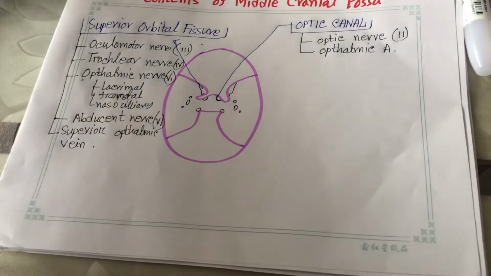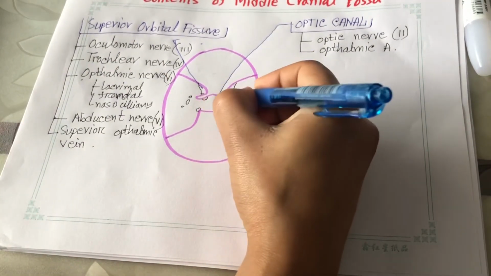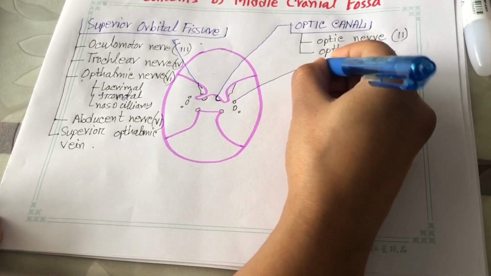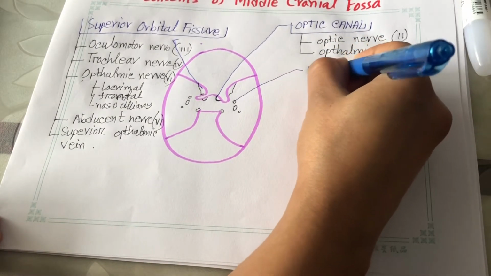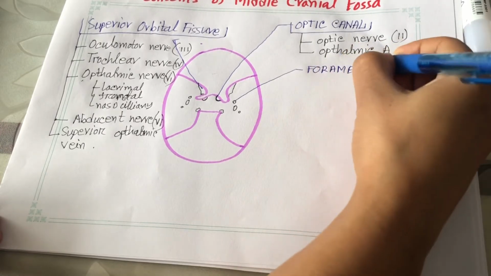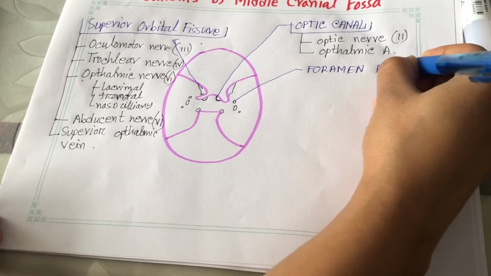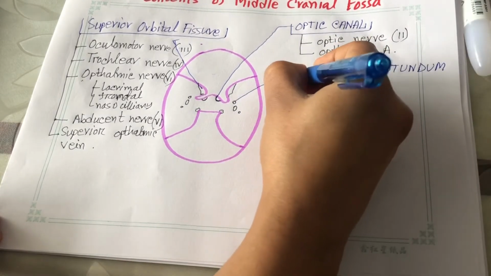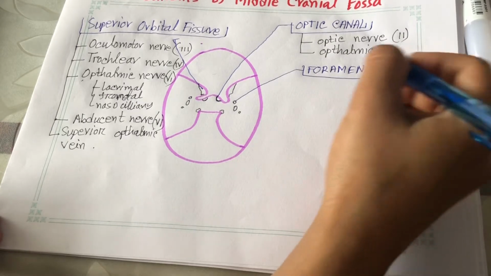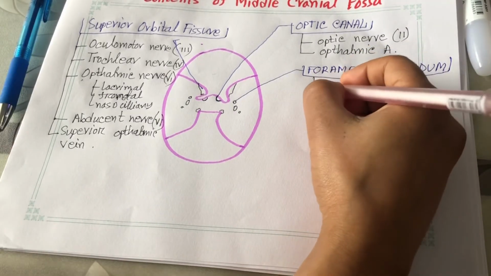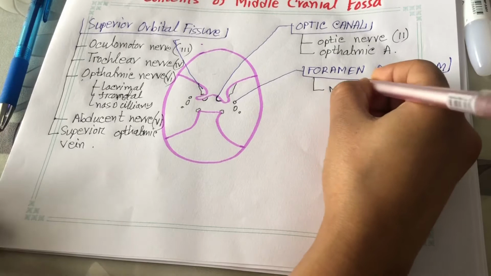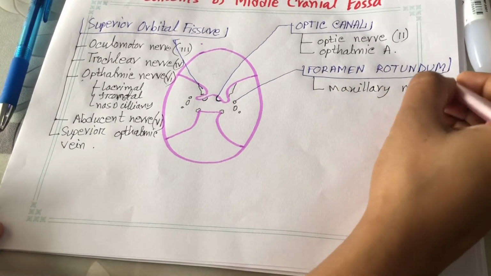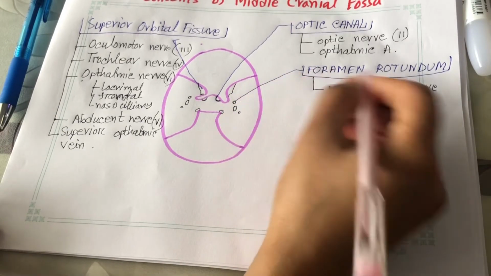So now this rounded foramen, this is foramen rotundum. Maxillary nerve passes through this foramen.